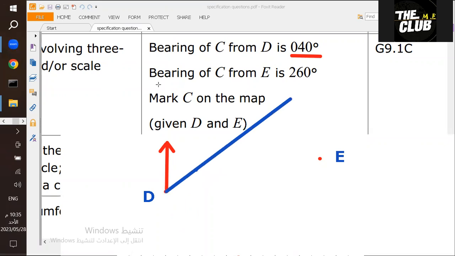Now you continue the question. Bearing of C from E is 260. So from E, we need 260. We come to E, we make a north line like this. Same idea. When you make the north line longer, it's going to be 180. You subtract them, 260 minus 180, what's left?